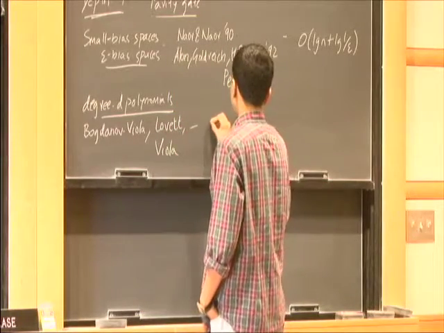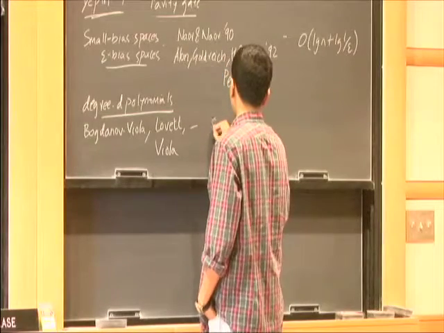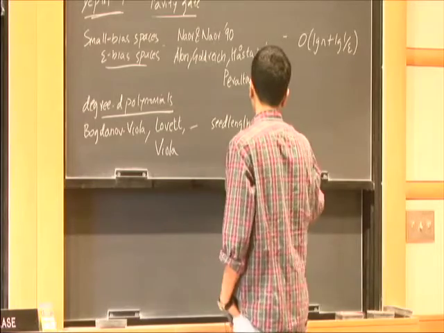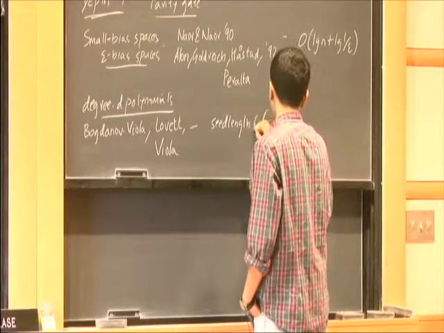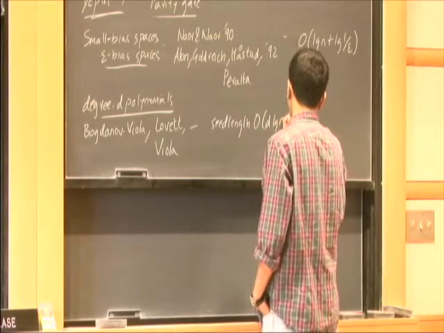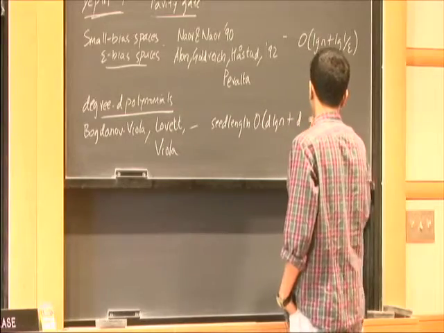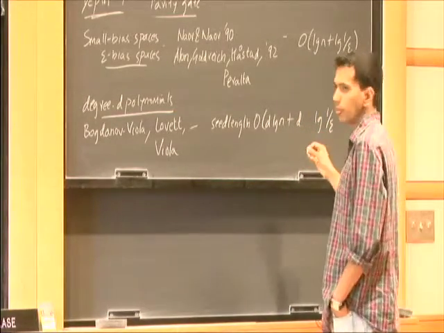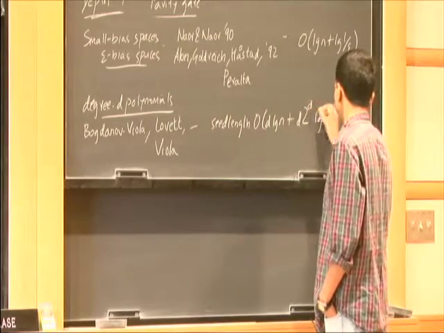We have pseudorandom generators for degree d polynomials with seed length something like this. Well, this is what we'd expect, but we also have this.